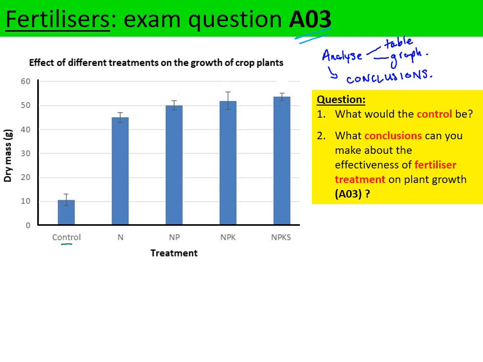We have fertilizer with just nitrogen added. We have fertilizer with nitrogen and phosphorus added. We've then got another treatment with nitrogen, phosphorus and potassium. And lastly, we've got a fertilizer with nitrogen, phosphorus, potassium and sulfur added. There you go, sulfur. So we've got several different treatments.